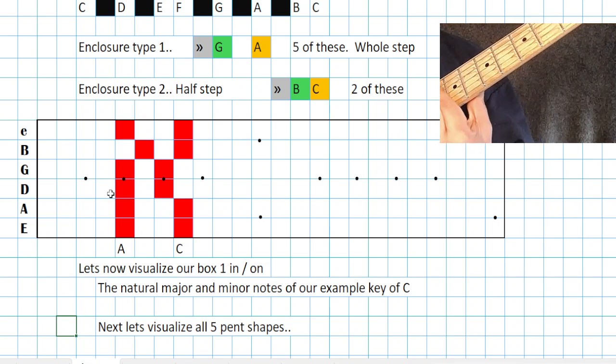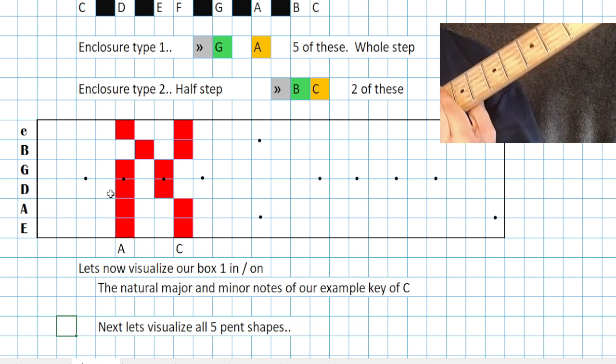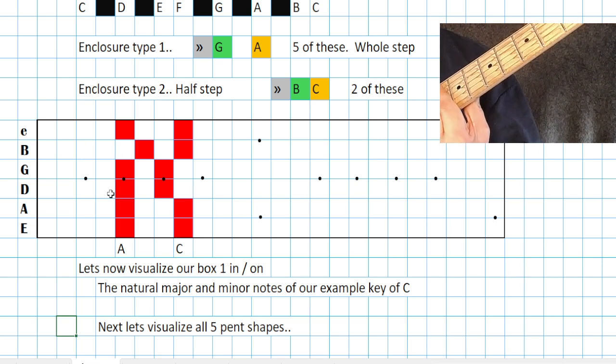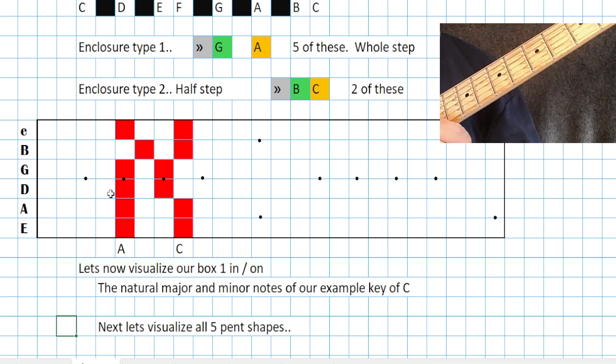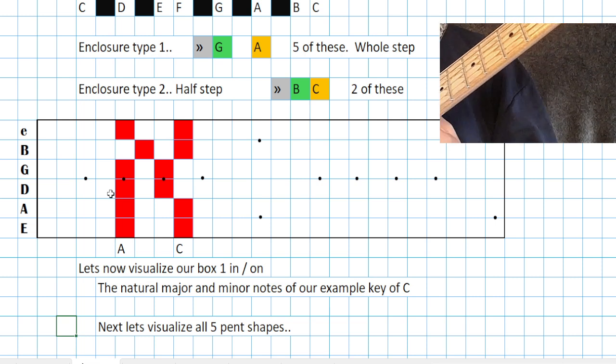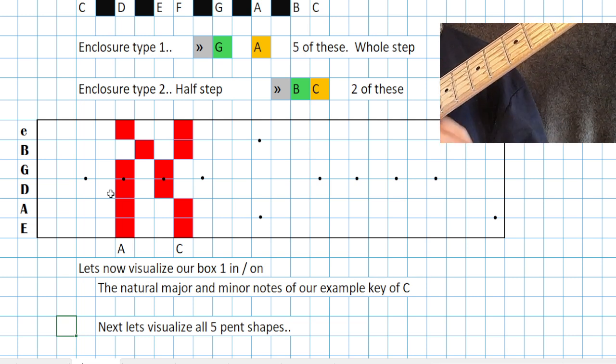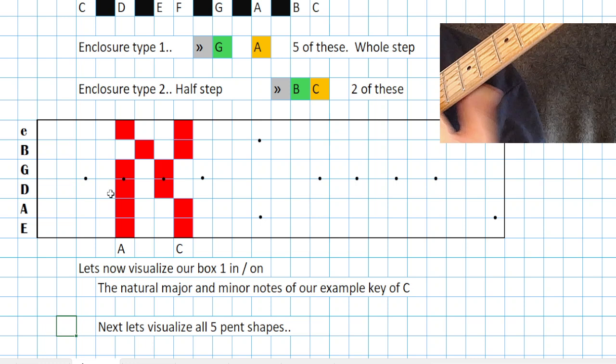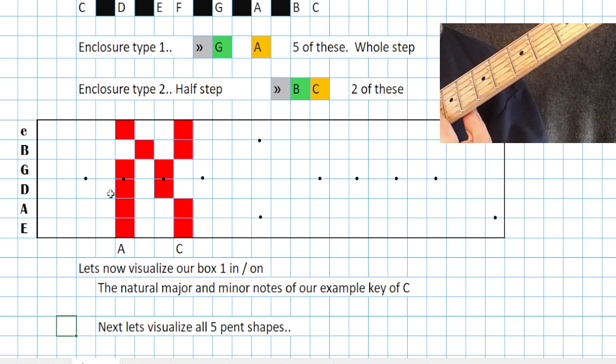How is that going to work if I don't know that I'm enclosing the 3rd or enclosing the 4th, which I may not want, but I might want to before I release that tension. You want to know those kind of things, so we're going to get to that because you can do that with chord tones.